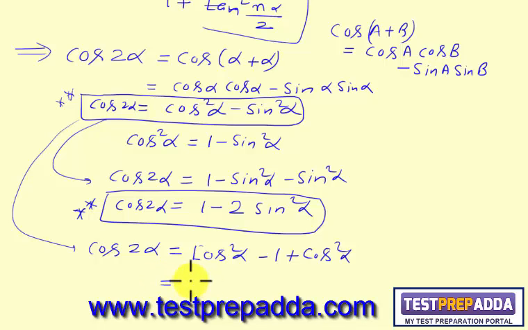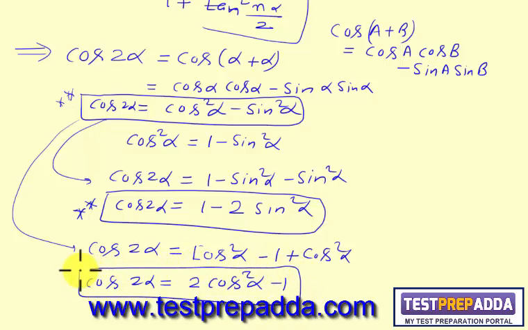So what is the result at the end? 2 cos square alpha minus 1. Is this clear?